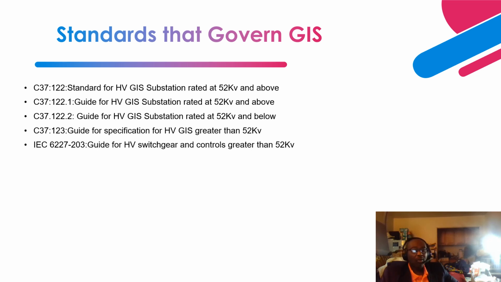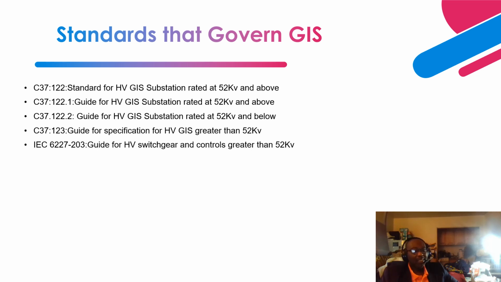And that is for voltages of 52 kV and above. C37.122.1 is specifically for GIS switchgear that is rated at 52 kV and above. And the C37.122.2 is for 52 kV and below.